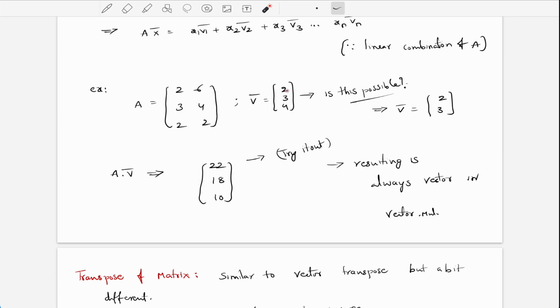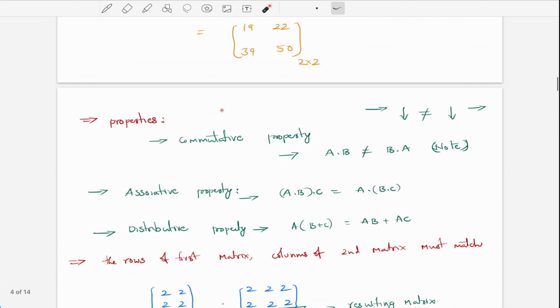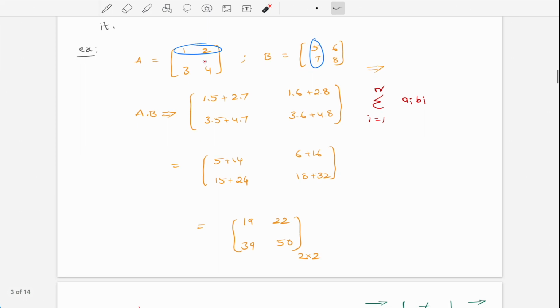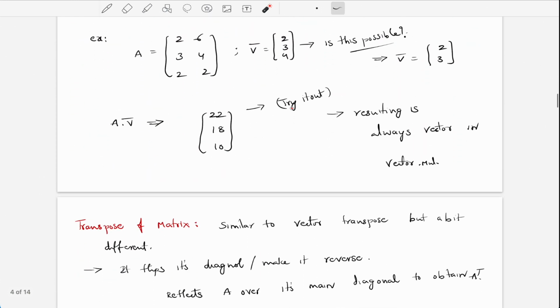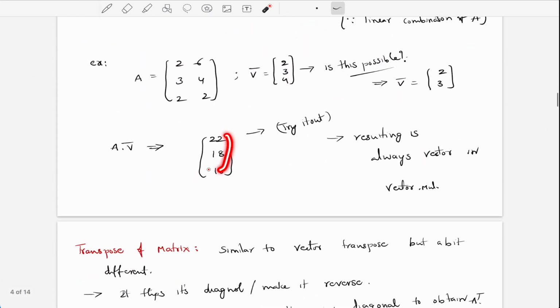We multiply the vector with the matrices, and there is a process like this: adding these two and then getting our output. Just try it out on your own and you will definitely get it.